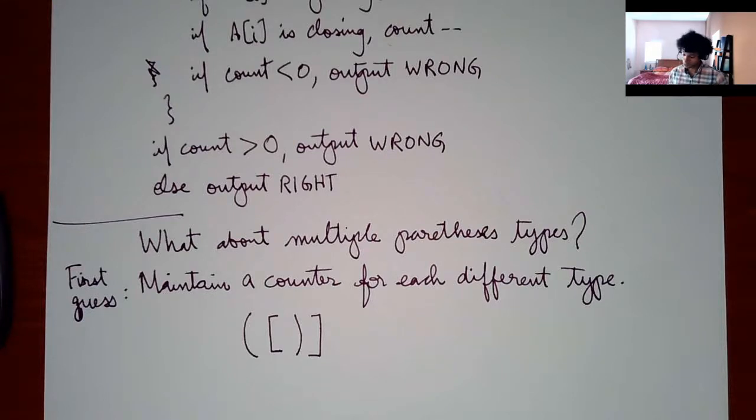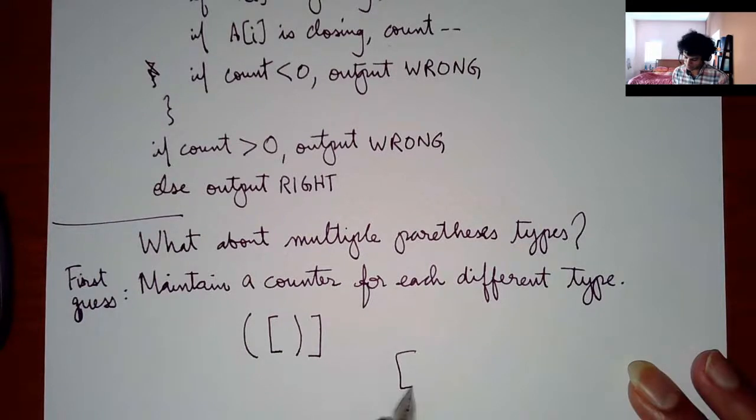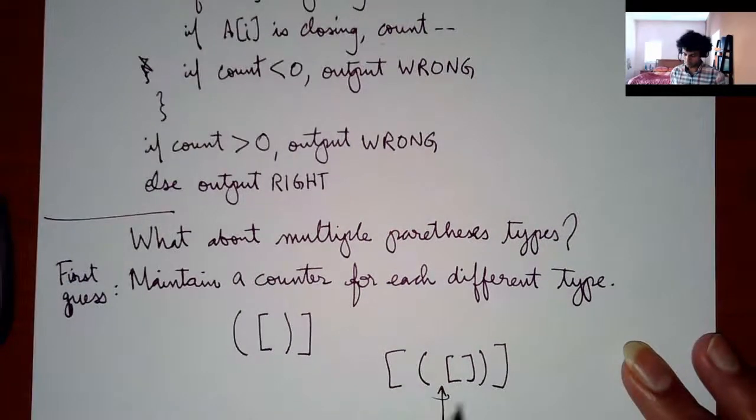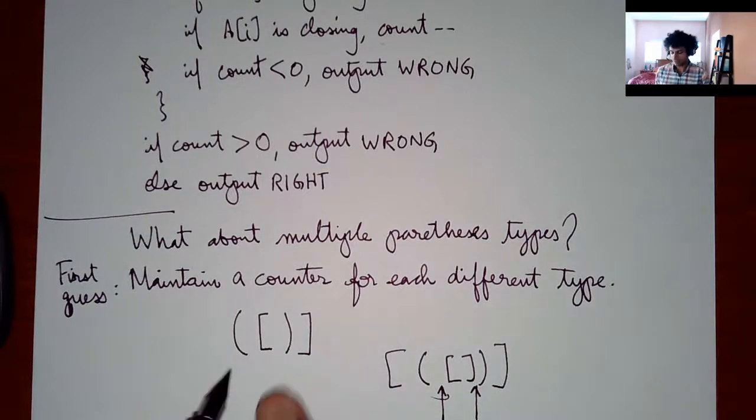That's no, but what you could have is something like this, where once you come to this point, the square brackets count is still going to be non-zero, but this is correct. So the problem is, and someone had mentioned, that the adjacency seems to help.